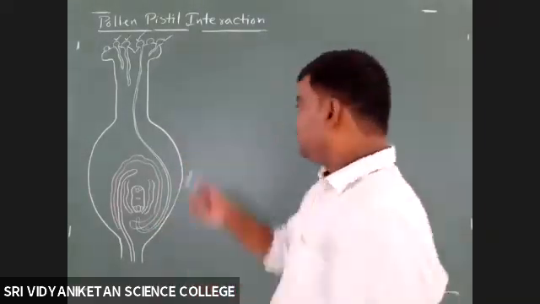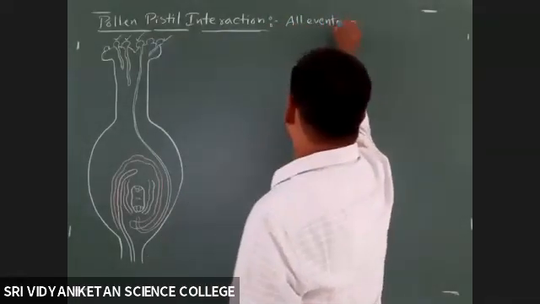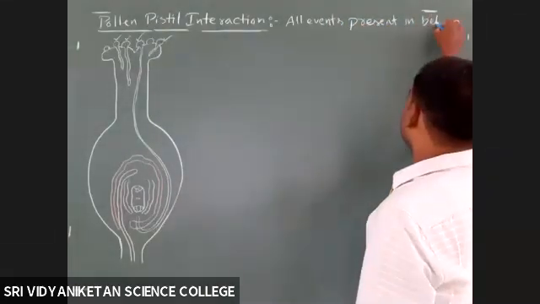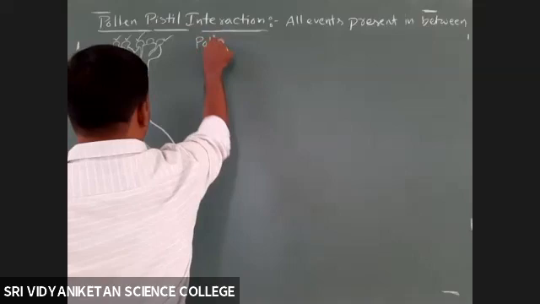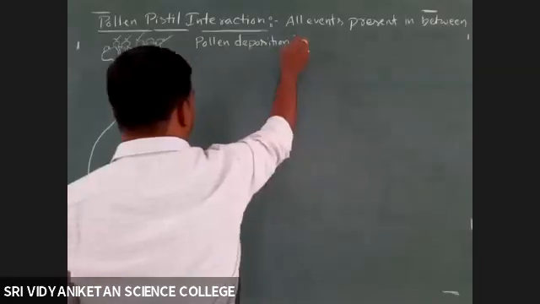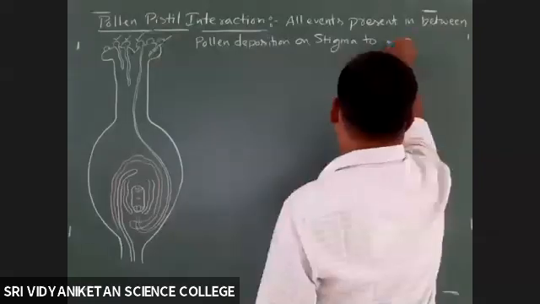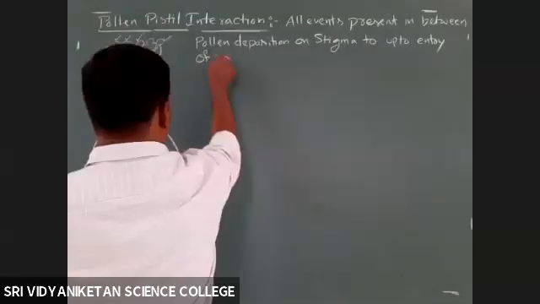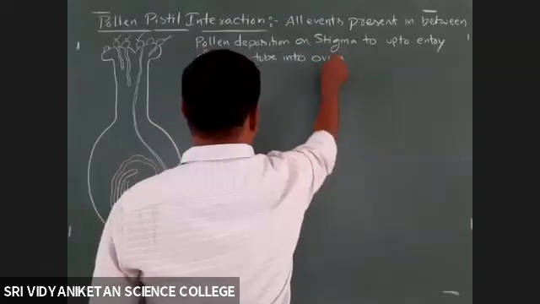At this time, all events present between pollen deposition on the stigma up to the entry of the pollen tube into the ovule.